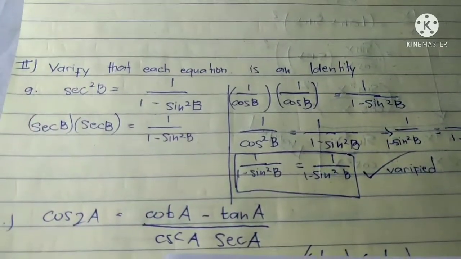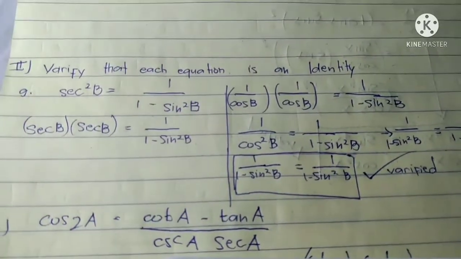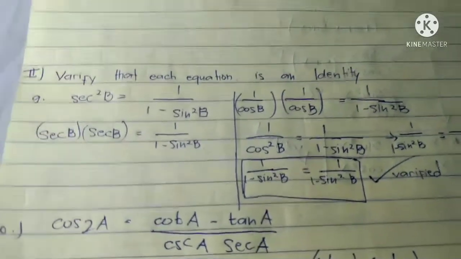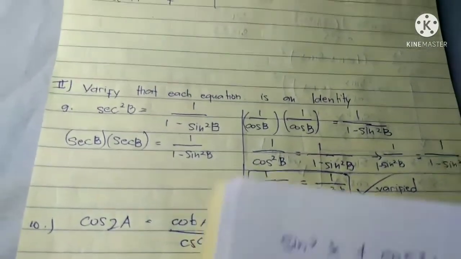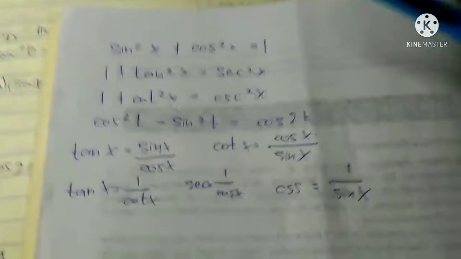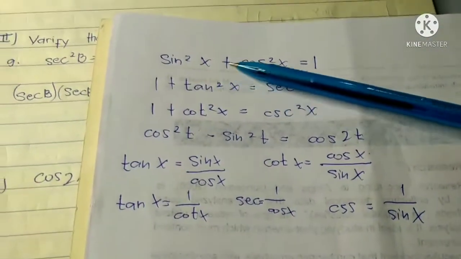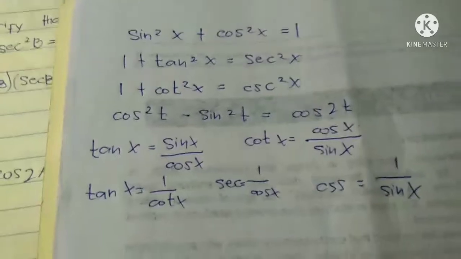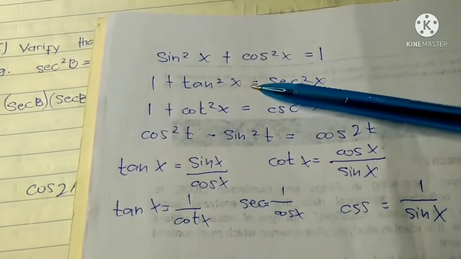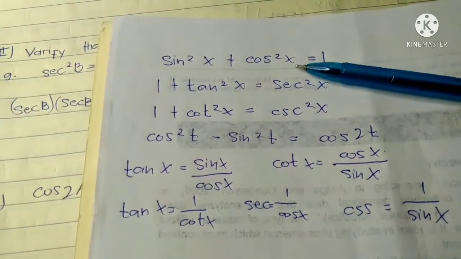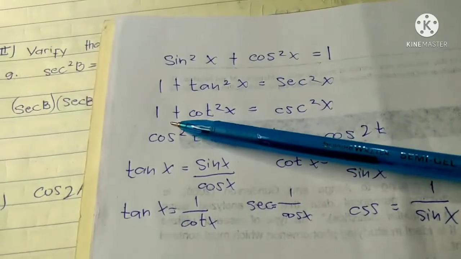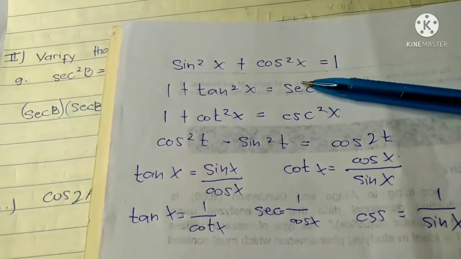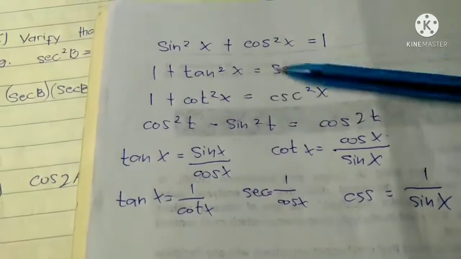Now we are in part 2, and we need to verify that each equation is an identity. But before we solve, we need to remember this. Sine squared x plus cosine squared x is equal to 1. And 1 plus tangent squared x is equal to secant squared x. And 1 plus cotangent squared x is equal to cosecant squared x.